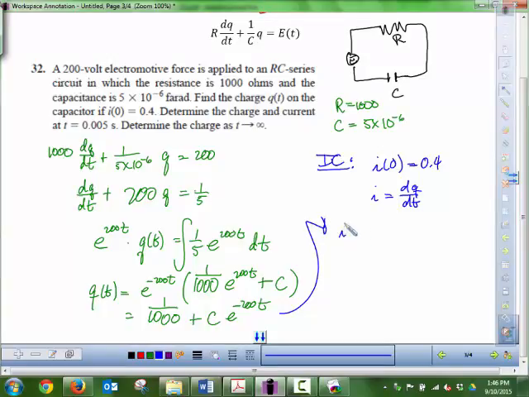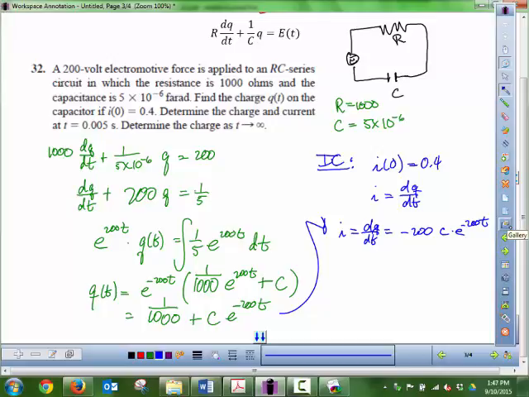So I is equal to dq dt, which is equal to the derivative of this thing. Now the 1 over 1,000 is a constant, so that's going to go away. I will have negative 200 C times e to the negative 200t. Is that right?